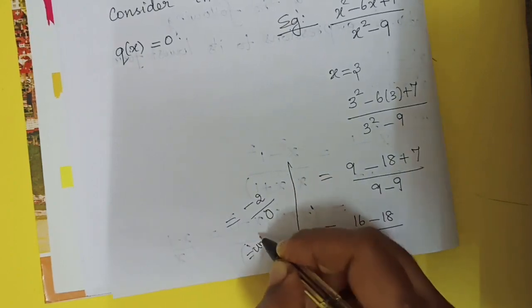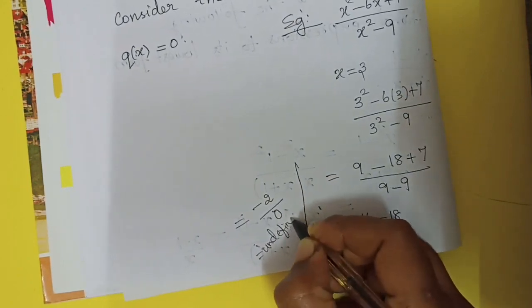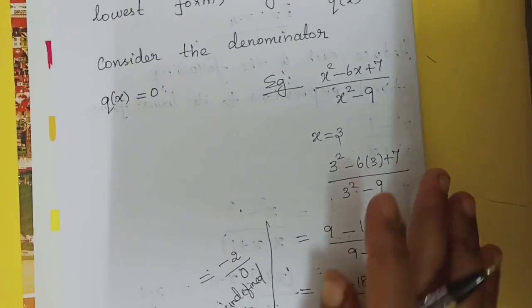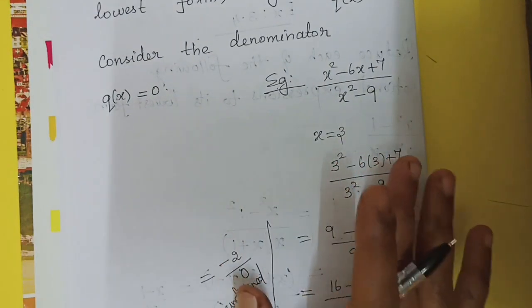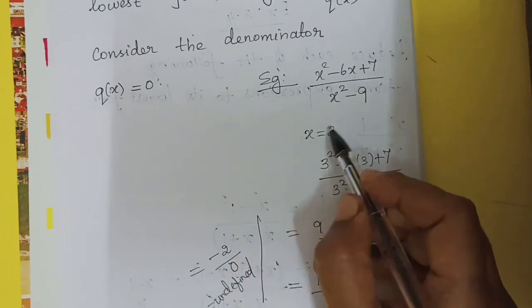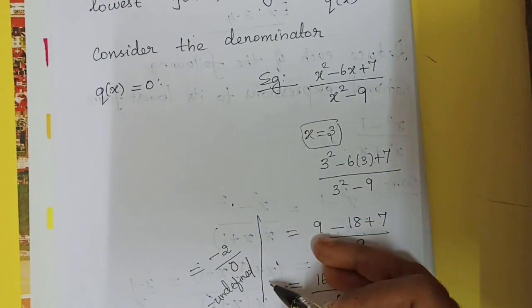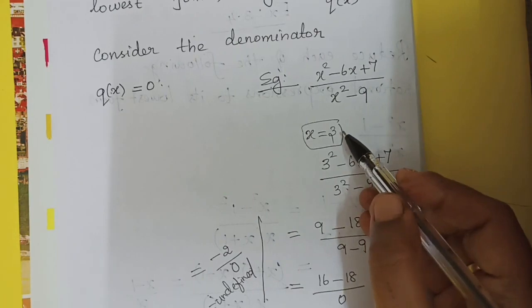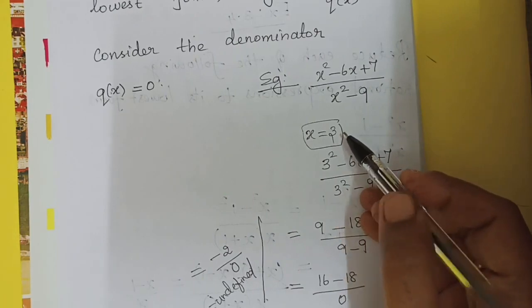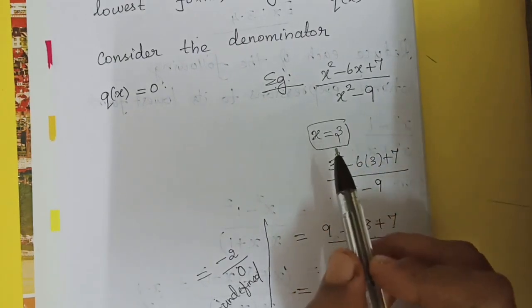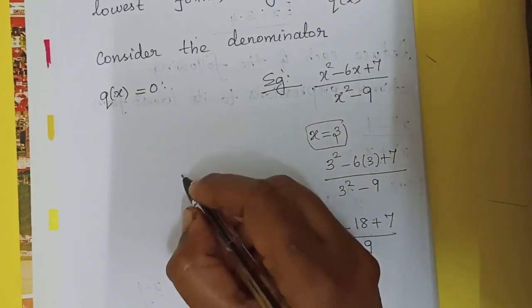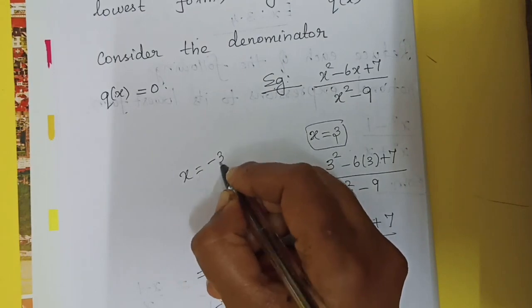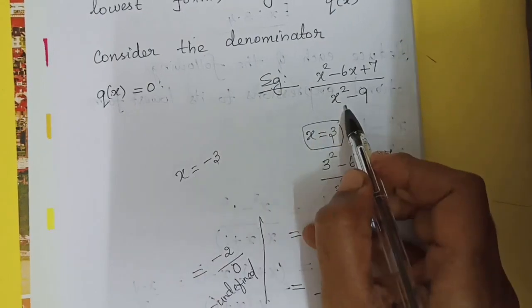The value is undefined. So here, which value should be excluded? We should not include that value. That is excluded value. So if you put 3, the value becomes undefined. So 3 is the excluded value. Okay. So one more value also possible for this. Can you guess? If you put x equal to minus 3, check the denominator.